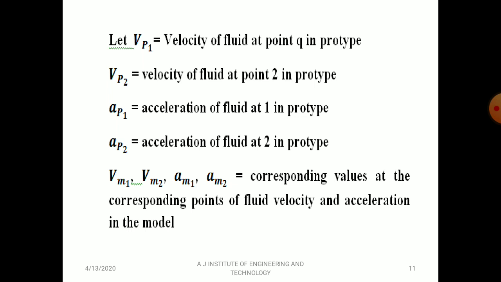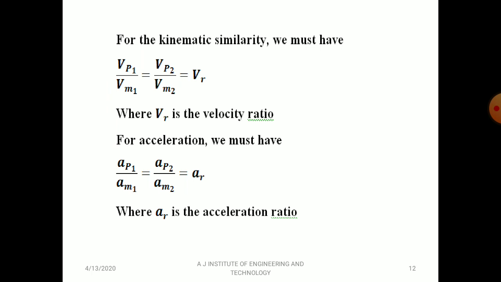Similarly, VM1, VM2, AM1, AM2, where M stands for model. These are the corresponding values at the corresponding points of fluid velocity and acceleration in the model. So for kinematic similarity, the velocities at the corresponding points in prototype and model should be the same.